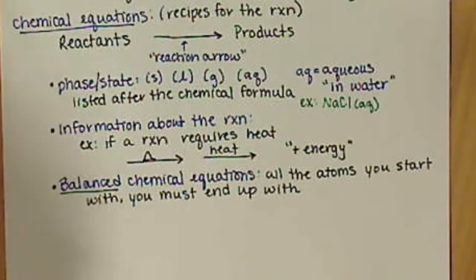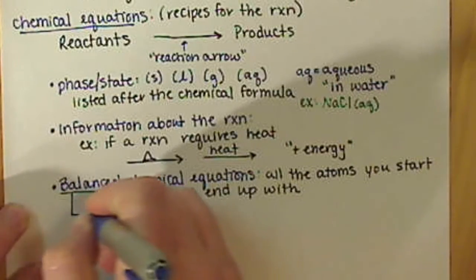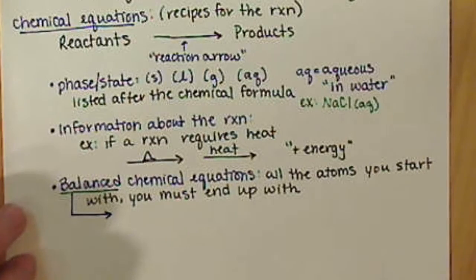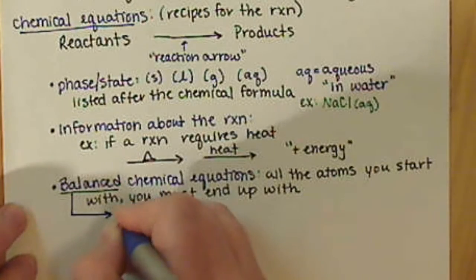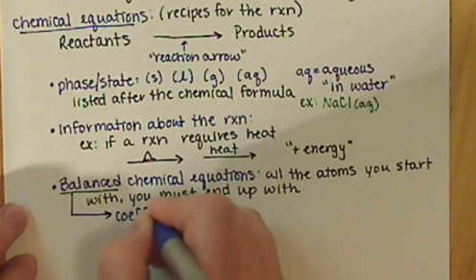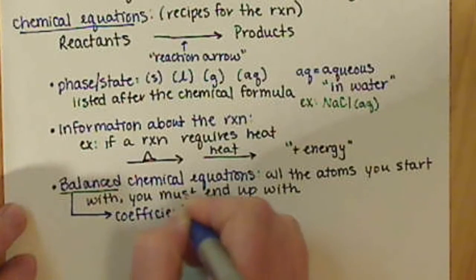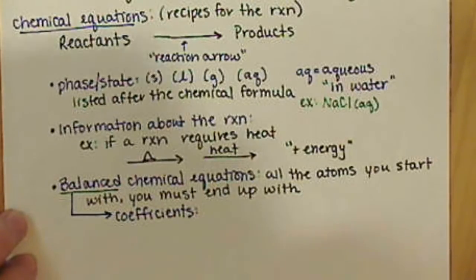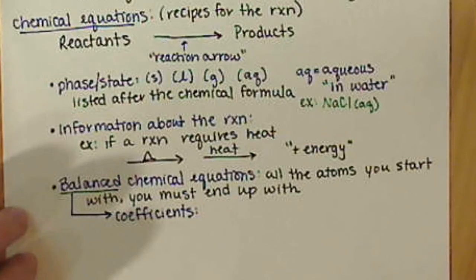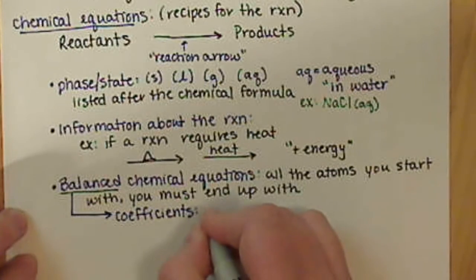How we represent these balanced chemical equations, okay, how we represent the balanced portion, we use coefficients. And these are going to be the numbers that are out in front of the chemical formula.